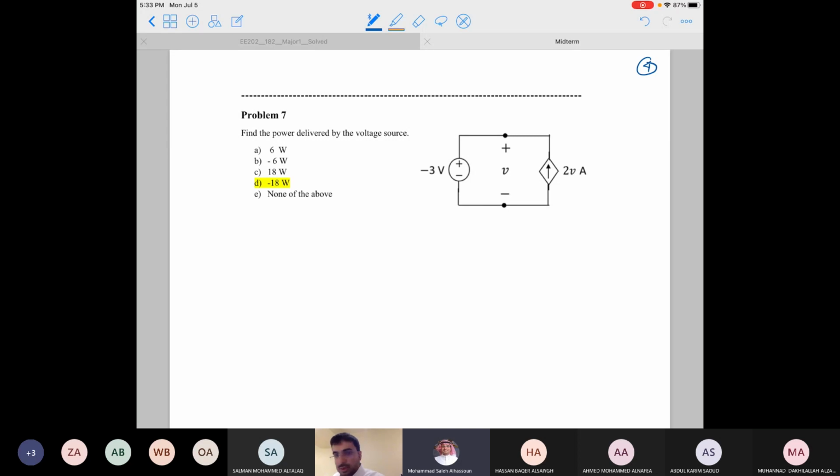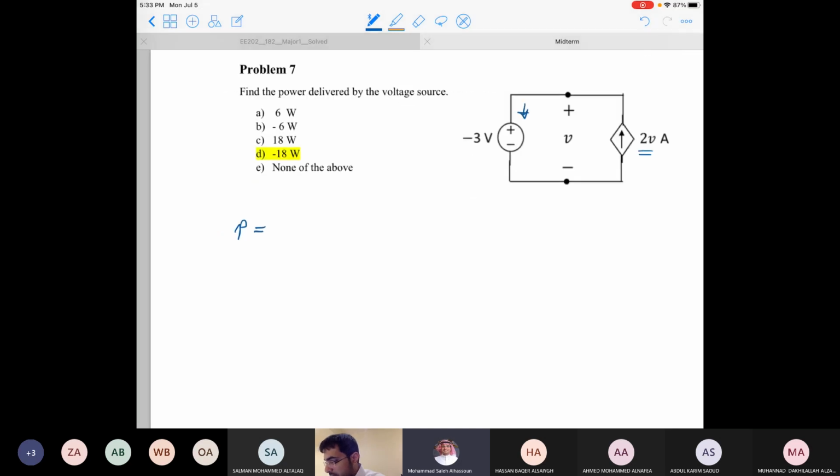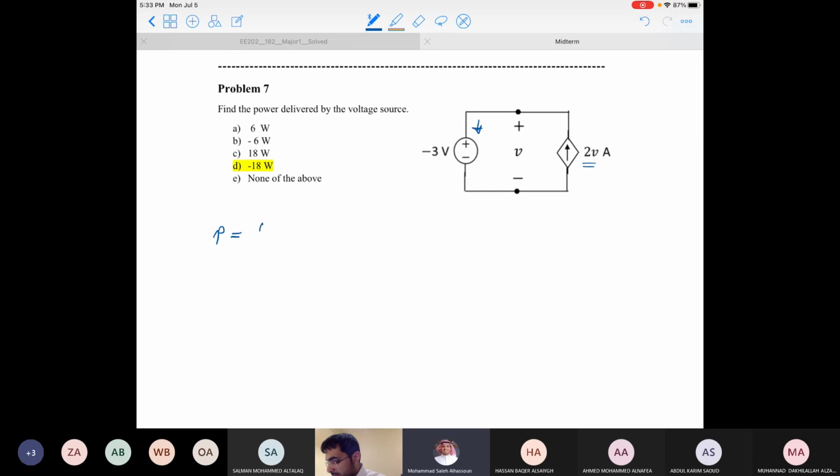So the current of that source is actually 2V. So P will be, and this current is flowing from the positive to the negative. So according to the passive sign convention, it should be 2V multiplied by negative 3 volts.